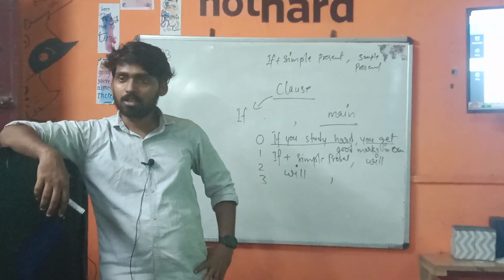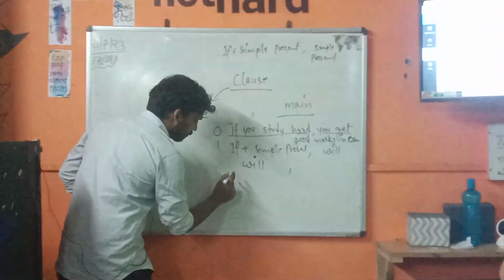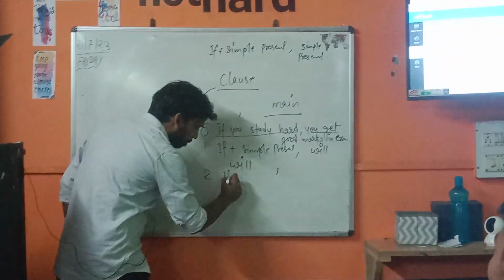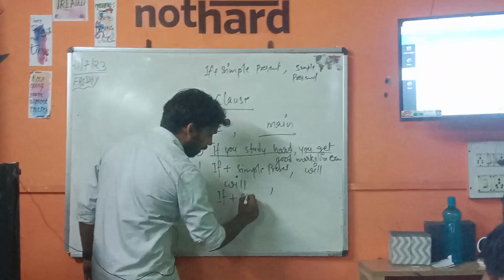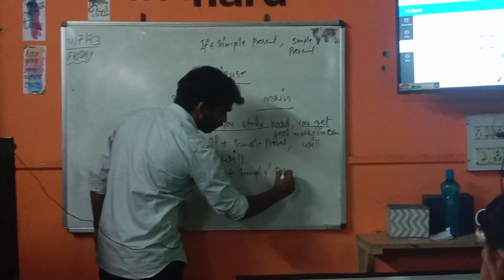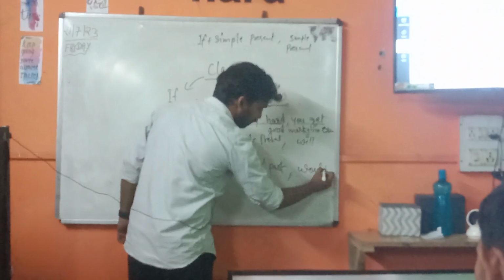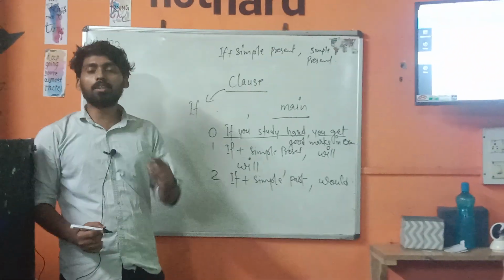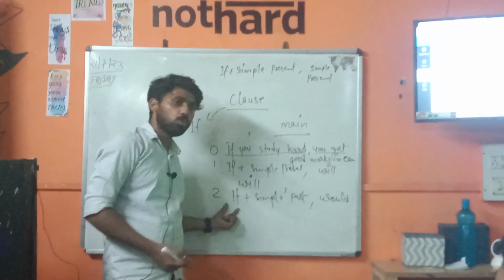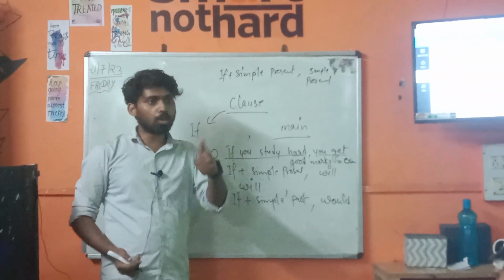So basically in second condition we use if plus simple past, and in the main clause we use would. Now one thing we have to focus on is that we have to use were. Normally what do we use?